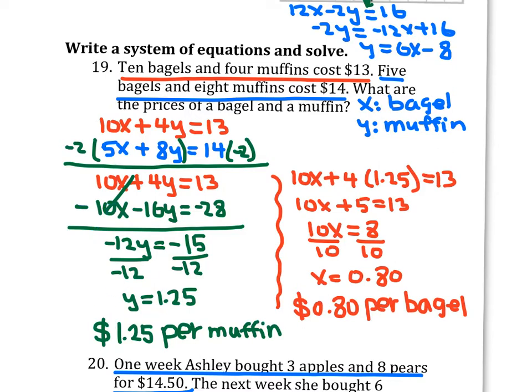And I find out that my muffins cost $1.25 because my muffins came second. Then I'm going to take that number and substitute it back into the red equation here, where the y is $1.25. Multiplied with the 4, got a 5. So finished solving for x. I find out that x is 80 cents. And x was bagels, so I find out that I'm paying 80 cents a bagel.